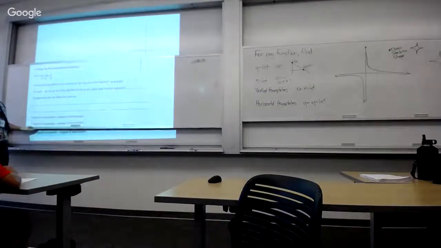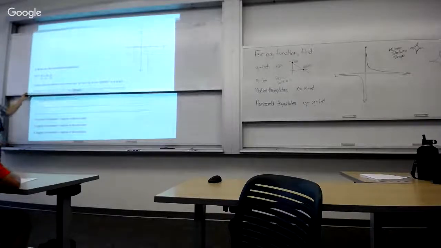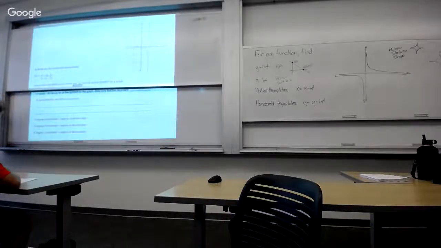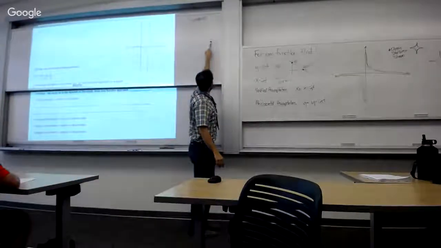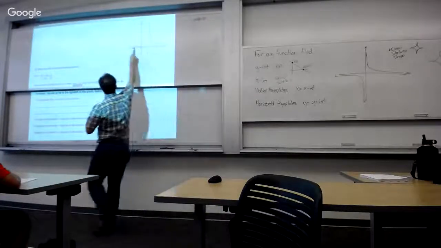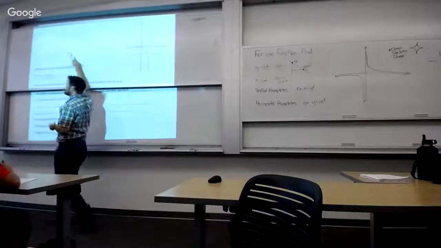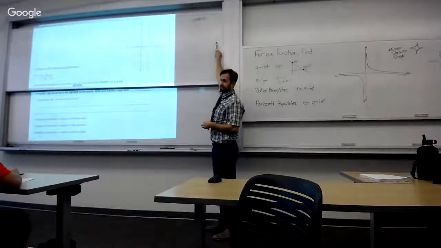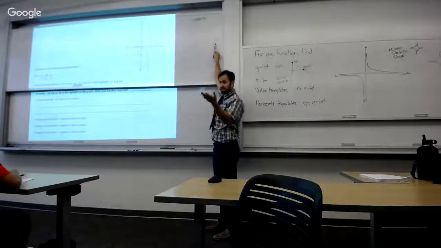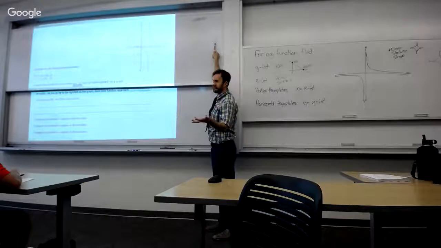So first of all, I just want us to all agree on that idea. A horizontal asymptote is what happens when you go really, really far this way or really, really far this way. So essentially, the horizontal asymptote is when you let x equal, like, what is x equal to way over here? Infinity, or just something really big.